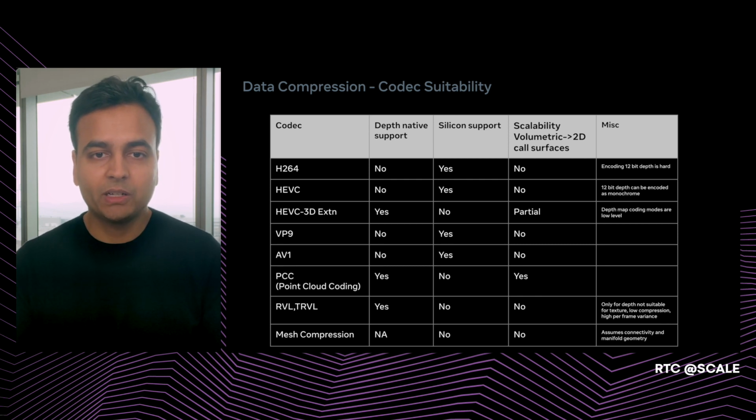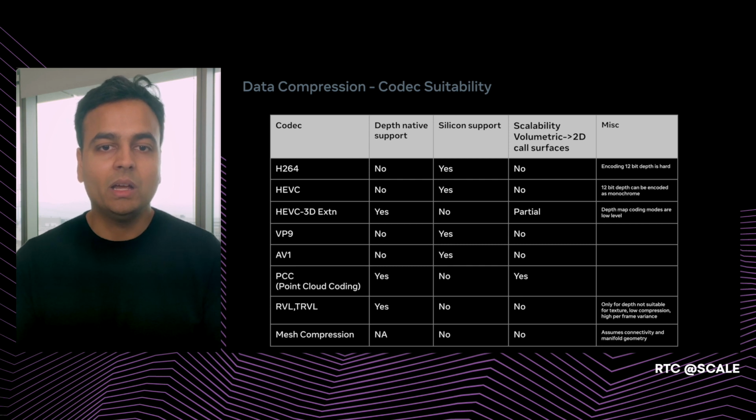PCC, which stands for point cloud coding, was standardized by MPEG recently. It is meant for volumetric coding, but besides not having silicon support, there has not been enough study in terms of power and compute requirements and how well it does in preserving visual quality and keeping compression rates high. I will come back to it in the next slides as well.